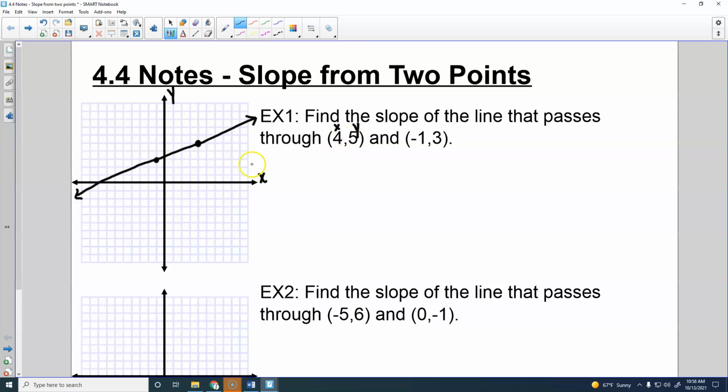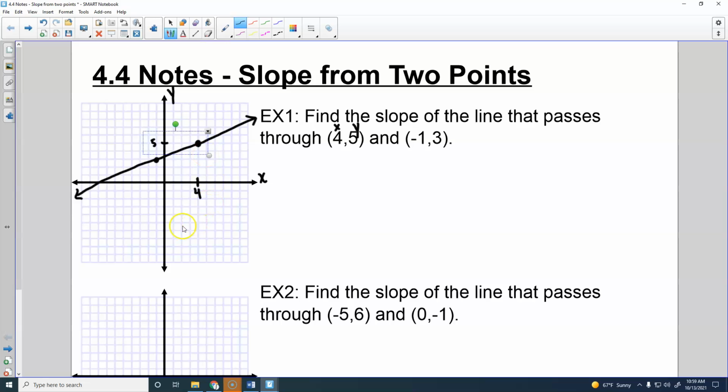So 4, you're going to go to the right. 1, 2, 3, 4. So right here is 4 on that x-axis, right? And then the y is how much you go up or down. So 1, 2, 3, 4, 5. Right here's your 5. It's like if you put your finger at 4 on the x-axis and your other finger at 5 on the y-axis and you meet, you would end up right here.